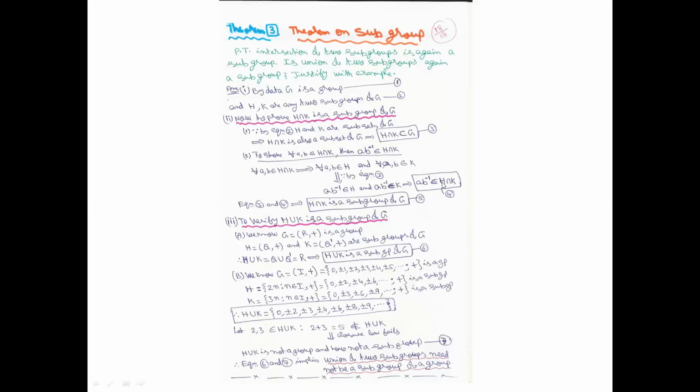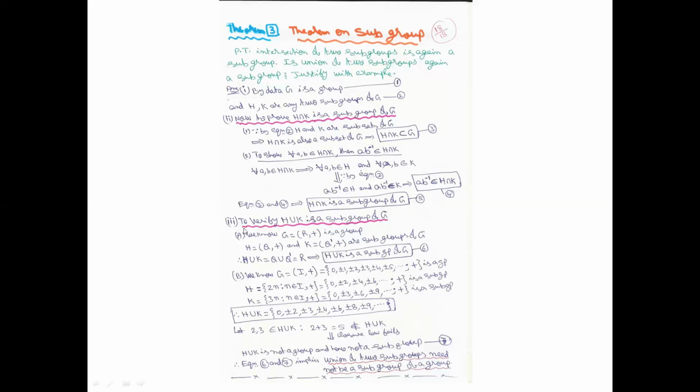That set is H intersection K. Hence, H intersection K is a subgroup of G. So this proves the first question: the intersection of two subgroups is again a subgroup.